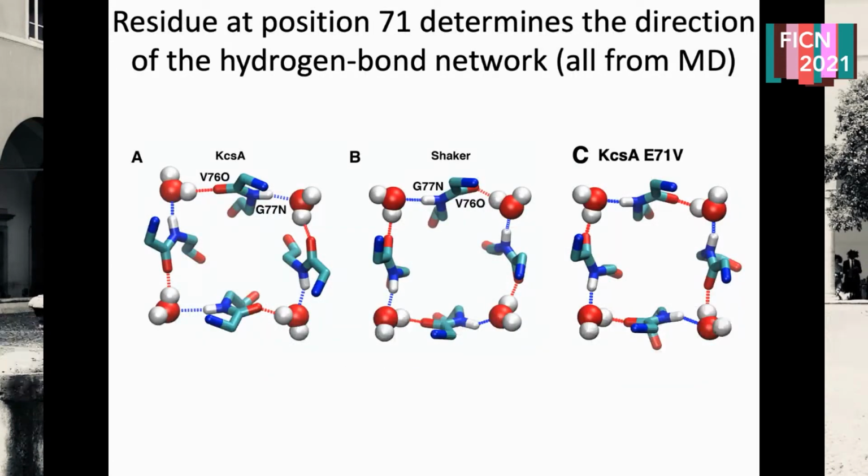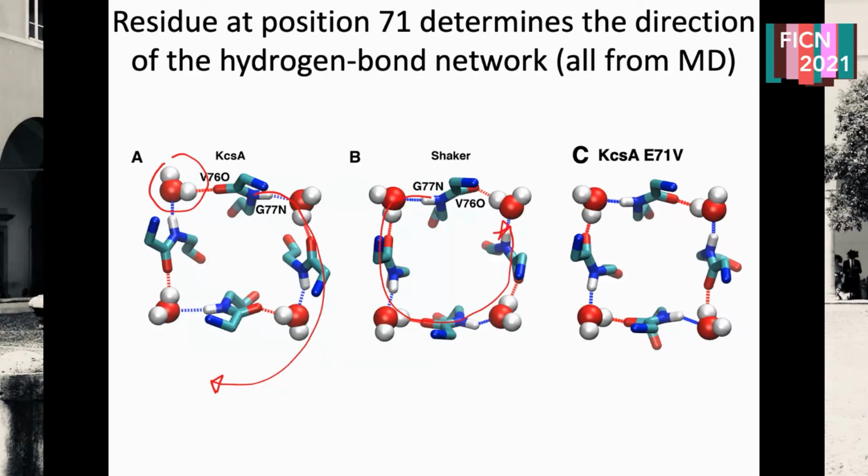One thing we observe when we compare the constricted structure of KcsA with Shaker, it's very fascinating, is this water molecule at the bottom of the cavity, and this is the constricted filter. And you can see here, the carbonyls are going to the left. So if you go donor acceptor, it would be in this direction. Shaker is actually the opposite direction. It's fascinating.